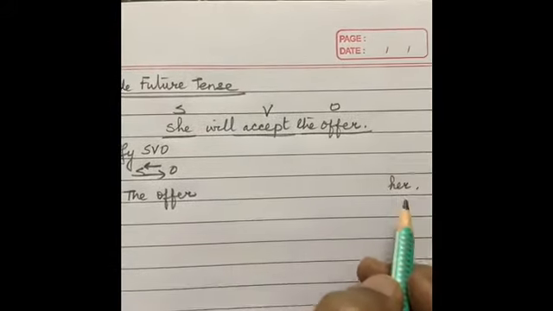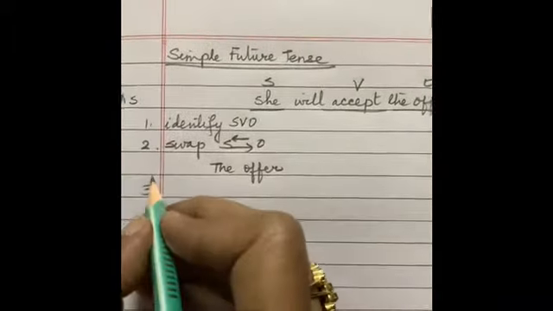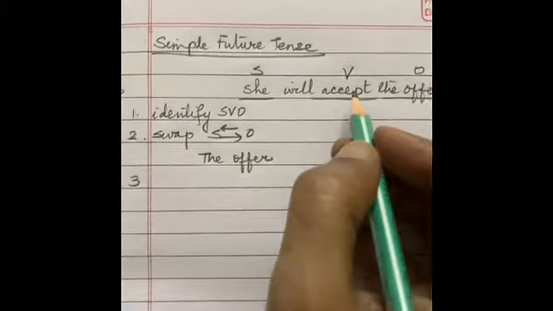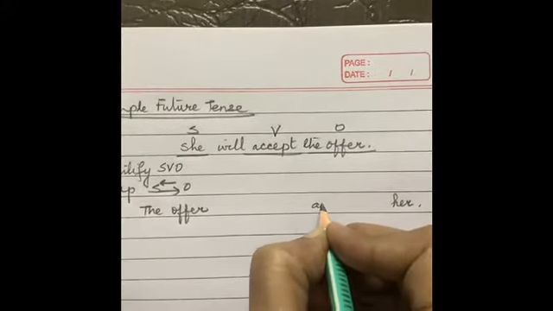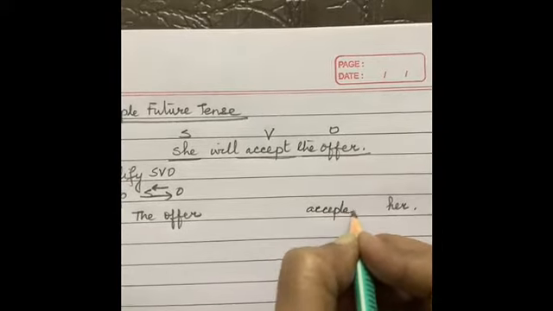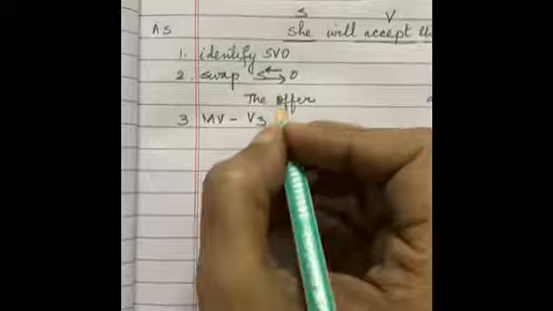She will be turned to her. Now third step says to convert the main verb to third form. So it will be accepted. Main verb to V3.